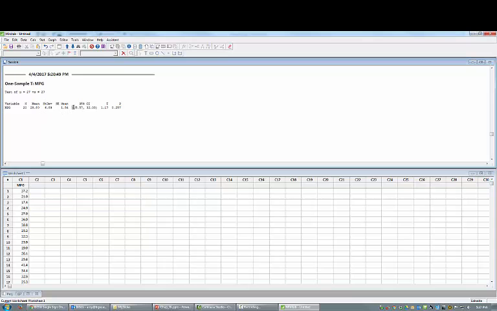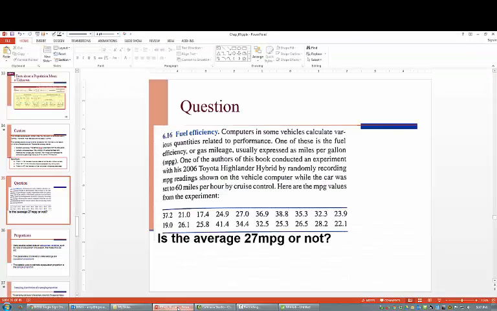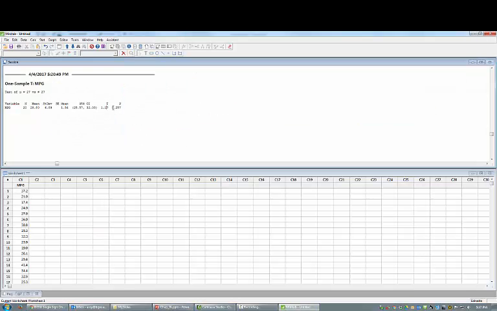It gives you the 95% confidence interval. Then this gives you the t-stat value, t equals 1.17, exactly what we found, if you remember. And then it gives you a p-value of 0.26, just like we found. So based on that p-value, you can then conclude that the p-value is greater than alpha, and therefore we fail to reject. Exactly the same steps as you would do manually. This may be quicker, and again, you're free to use Minitab during your tests, homeworks, and quizzes.